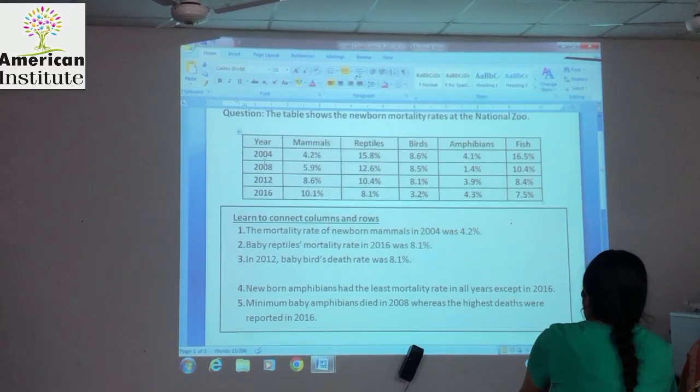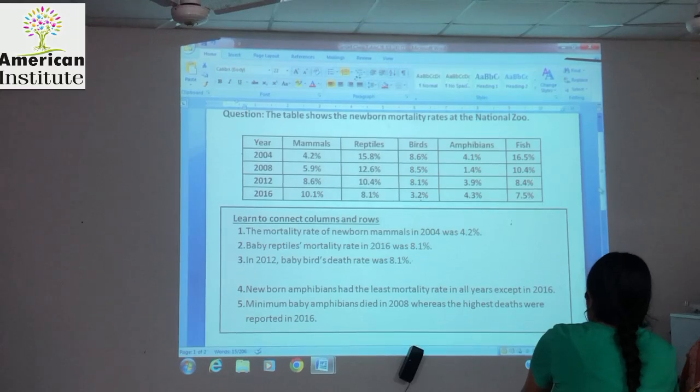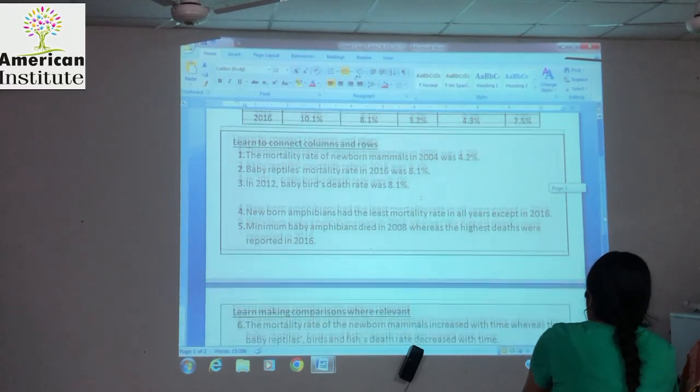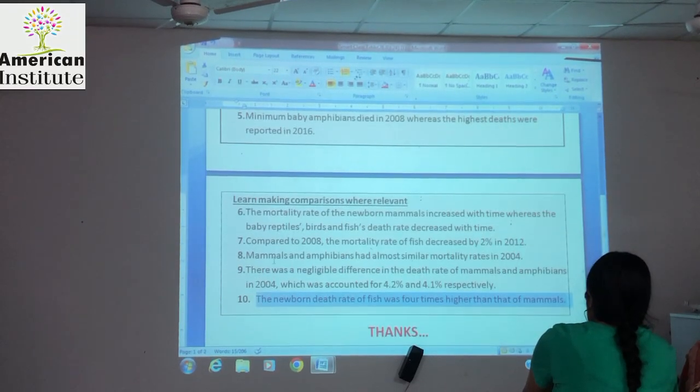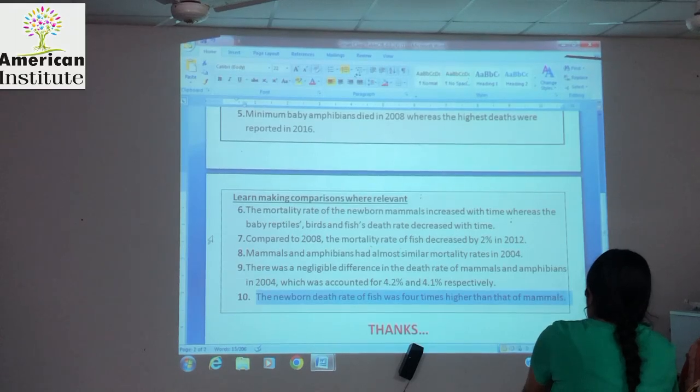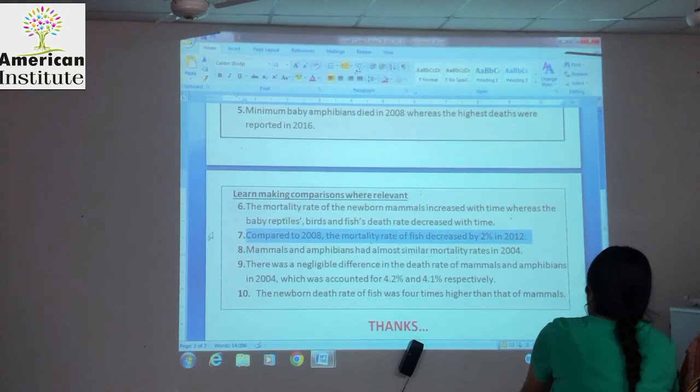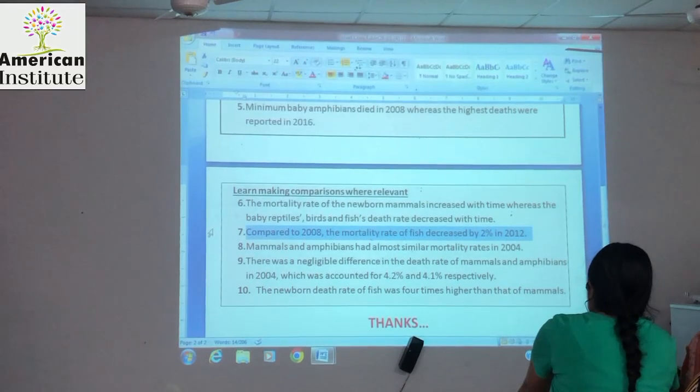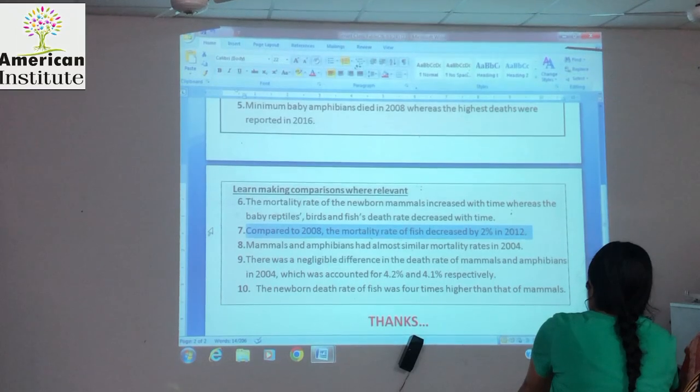Okay. So look at the sentence formation of this, number 7. Compared to 2008, the mortality increased by 2% in 2012.